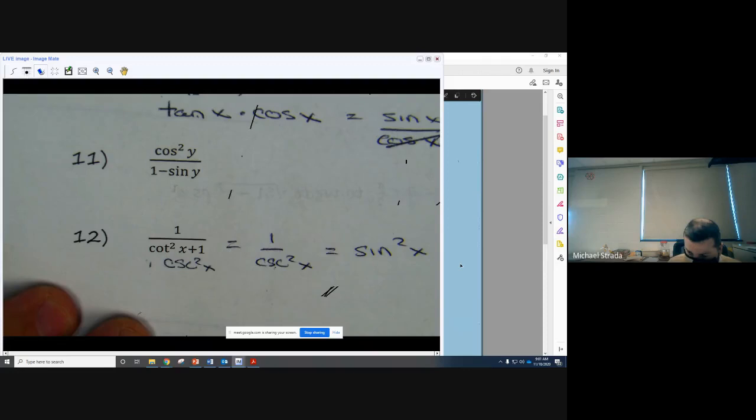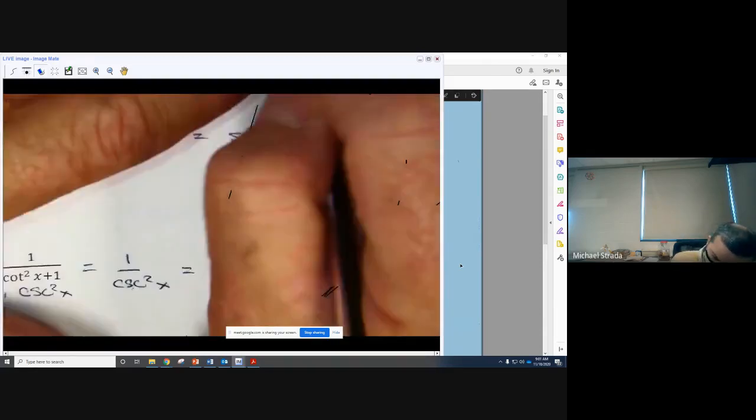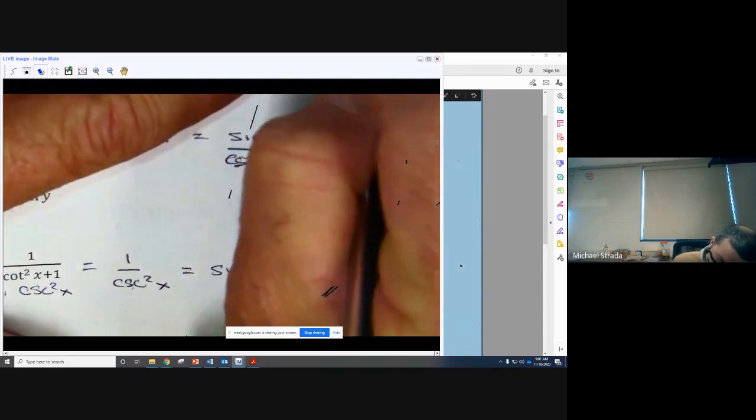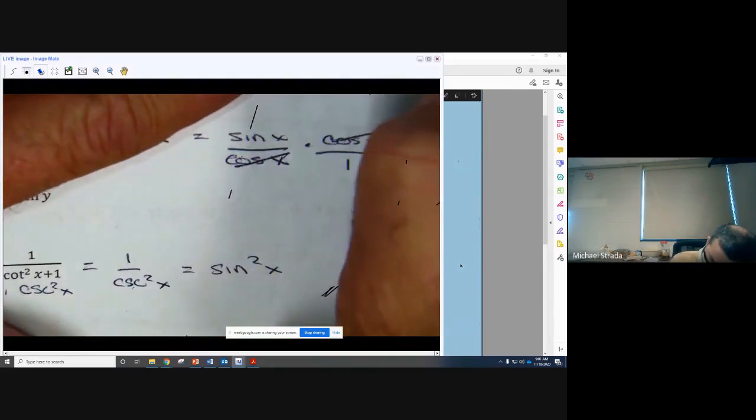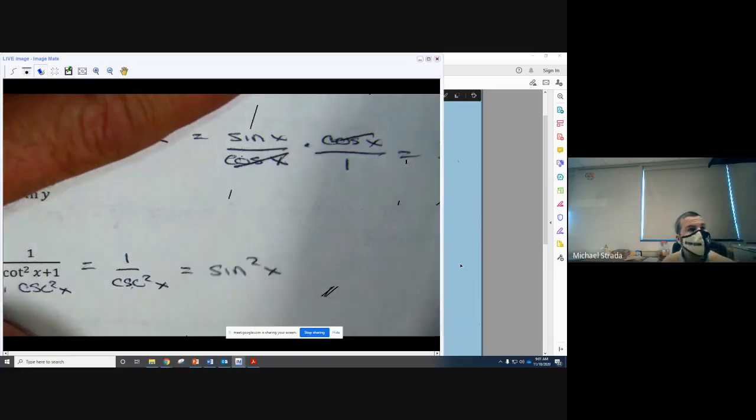All right? Then the only other thing on the quiz really is factoring. Really all it is. So when you have expressions like 2 sine squared x minus 3 sine x plus 1.